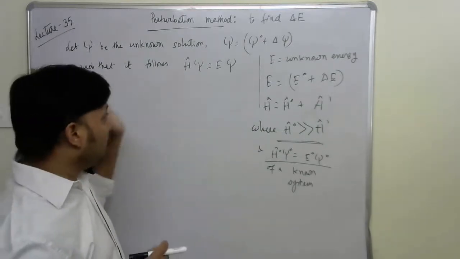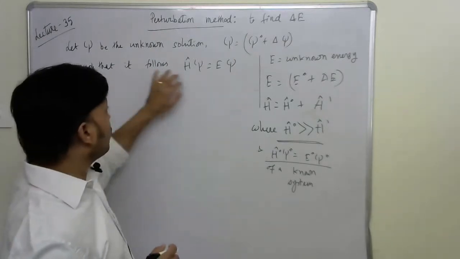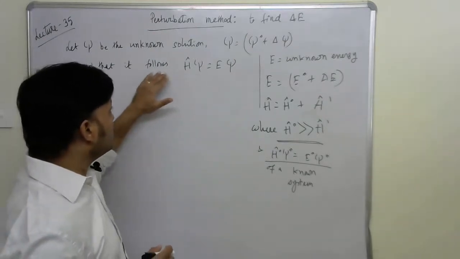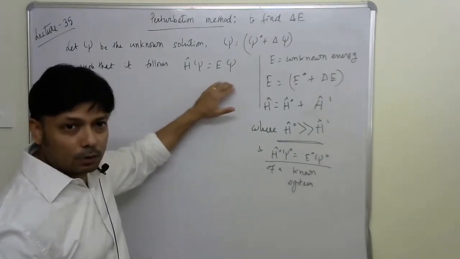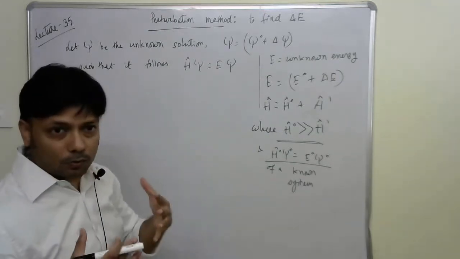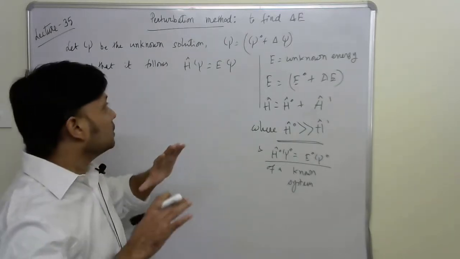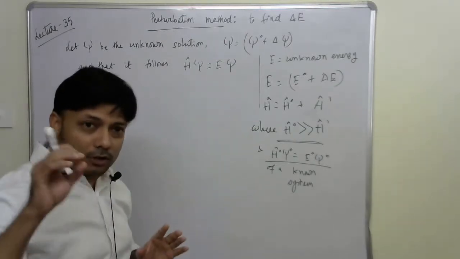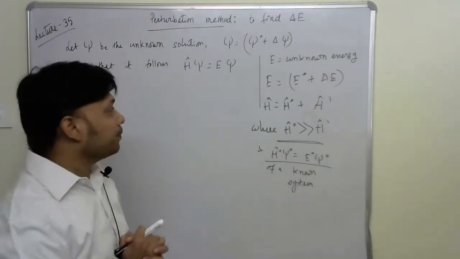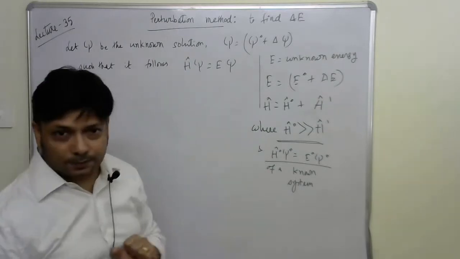But earlier I said that assuming psi, we cannot solve it directly from such an equation, because this H is basically unknown. So from this we cannot directly solve psi, but we are assuming that there exists a perfect psi which satisfies an eigenvalue equation, which is this.